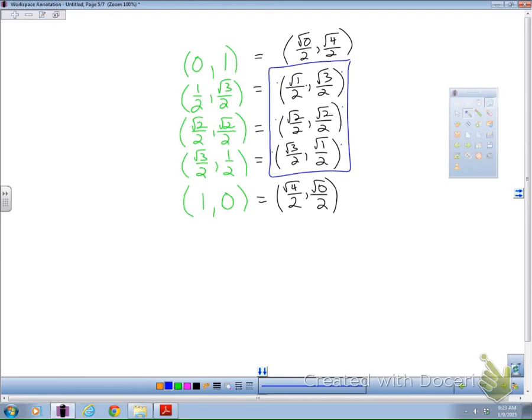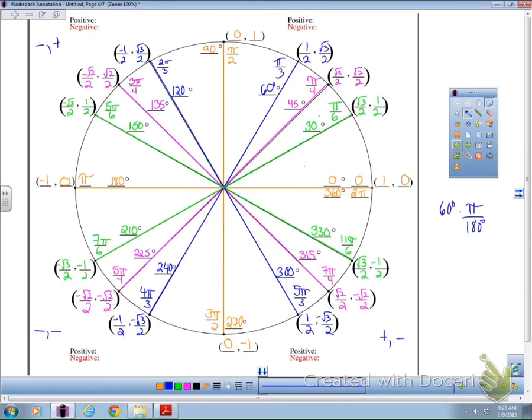The other way I think about it is when I'm looking at my unit circle, the 1/2 is short and the square root of 3 over 2 is long, right? Okay? So when I'm looking, don't draw this on your thing. When I'm looking at my 60 degrees, this is the short x and the long y. You got me? So that's 1/2 and then square root of 3 over 2.